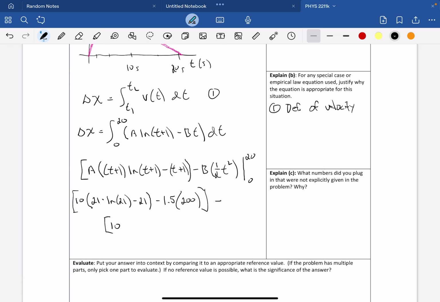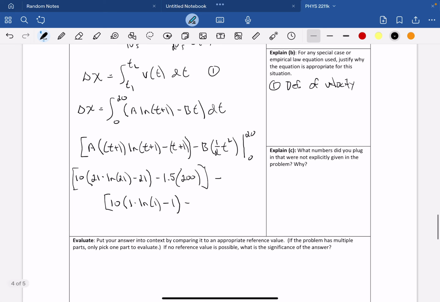So 10 times 1 times the natural log of 1 minus 1, minus b, which is 1.5, times 1/2 times 0 squared, which is 0.